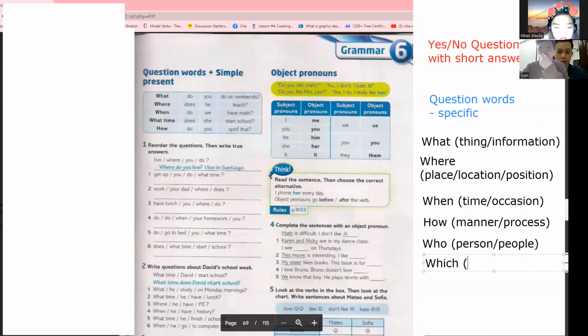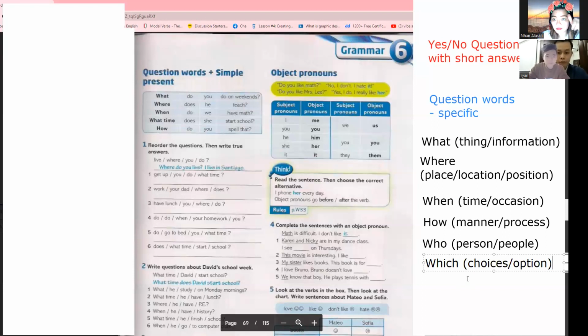We use which for things, meaning you are providing certain choices or options. Ryan, which subject do you like? English or math? Which drink do you love? Coffee or soda? So there are choices. So we use which.